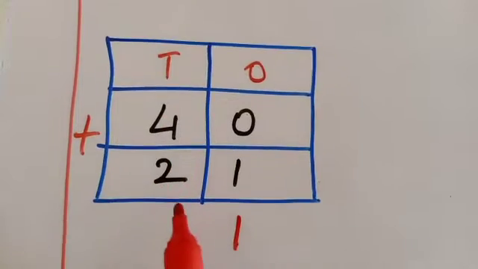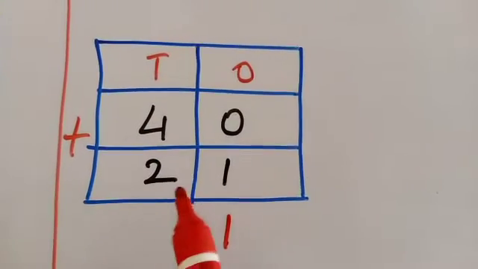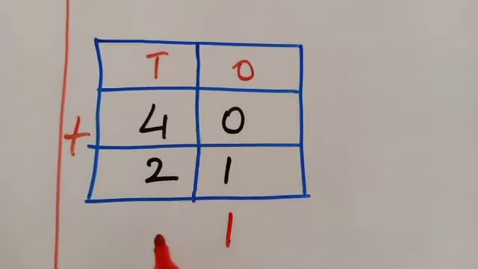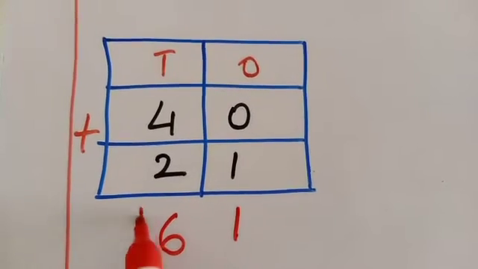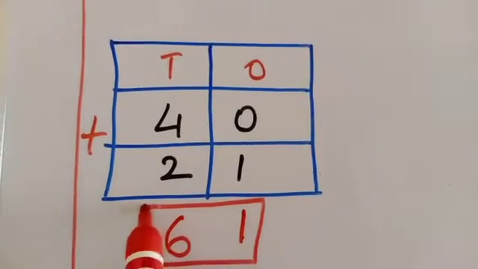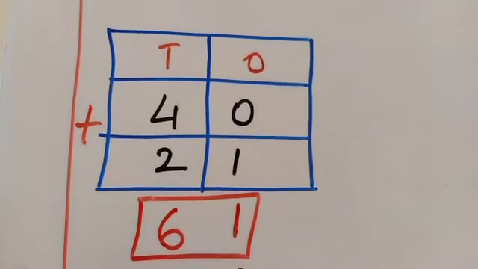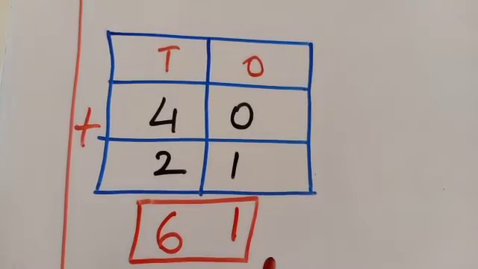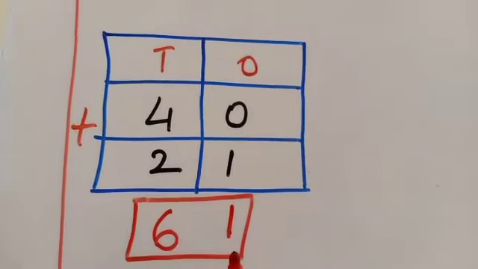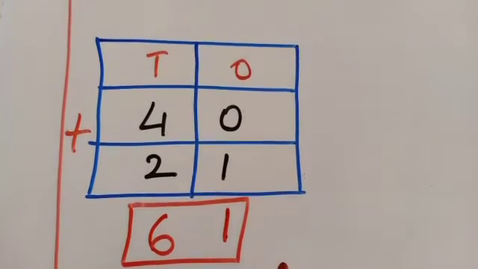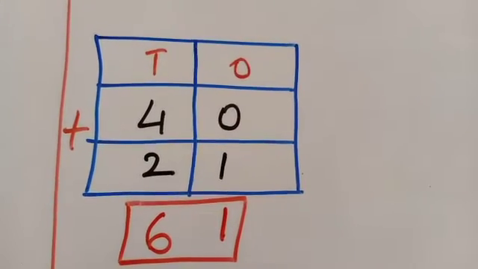Now 4 plus 2. 4, after that 5, 6. So what is the answer now? 61 birds are there all together. So total 61 birds are there. Okay? Yes. Let's go for the next sum.